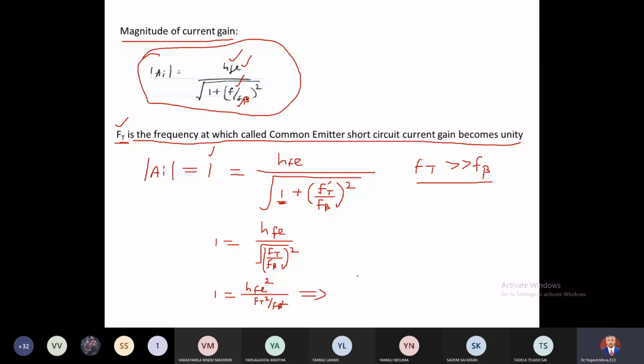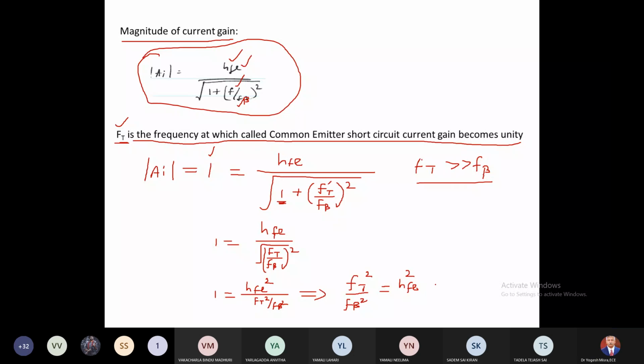Or this I can write as ft square by f beta square is equal to hfe square.